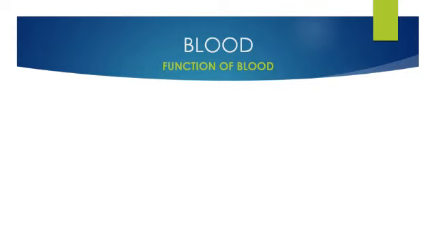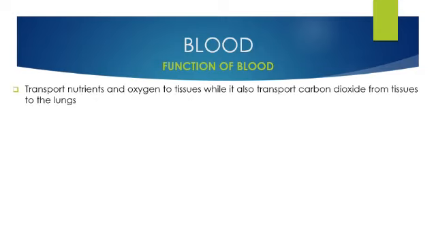Or before we look at the sites, let's look at the function of blood, so that the sites will be the last part. So what are the functions of blood? Well, the functions of blood can be gotten from the individual components that are found in it.